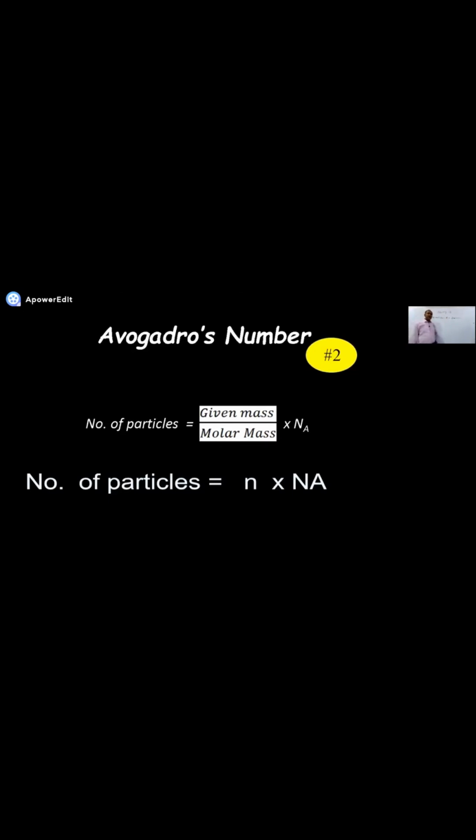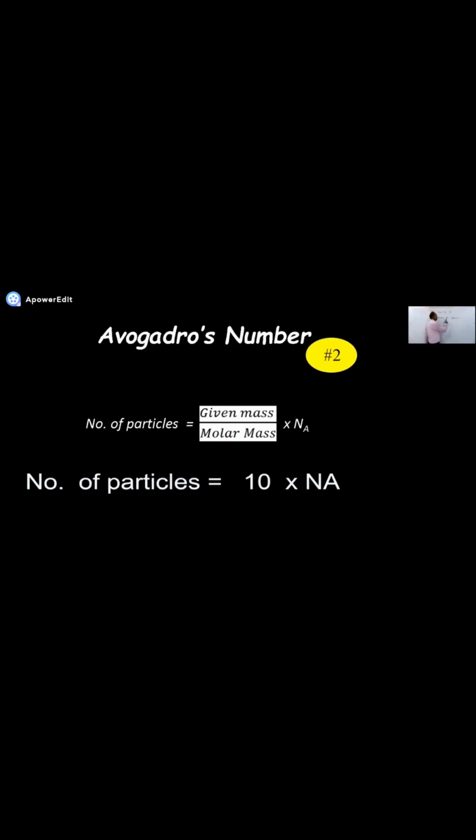If I ask, I have 5 moles of sugar, how many molecules does it have? You said, sir, multiply 5 by Avogadro number. If I say I have 10 moles of carbon, how many atoms does it have?